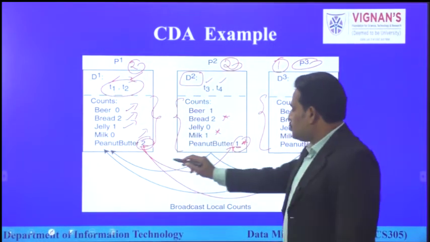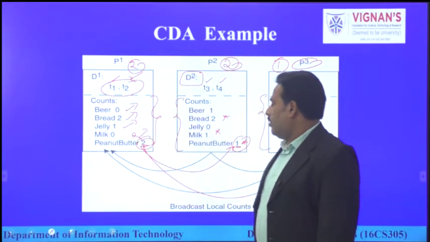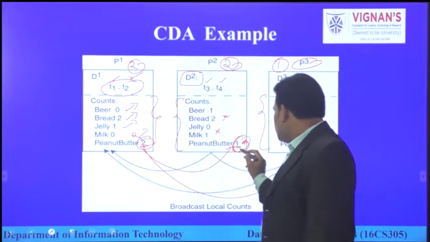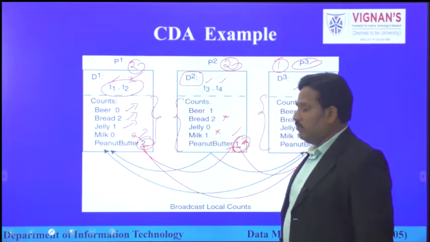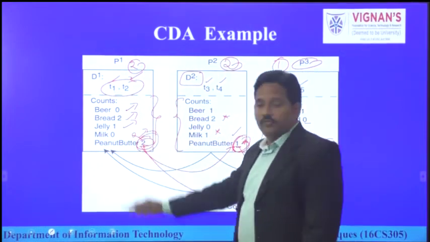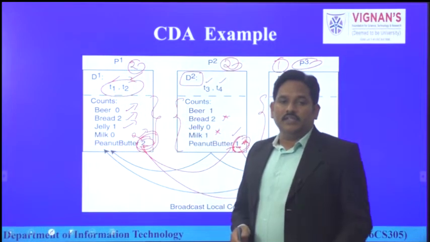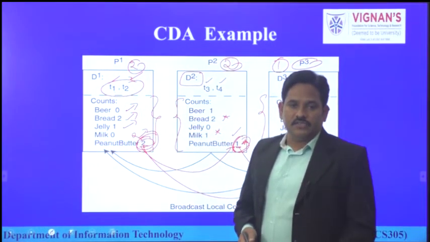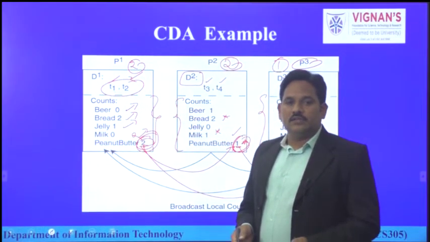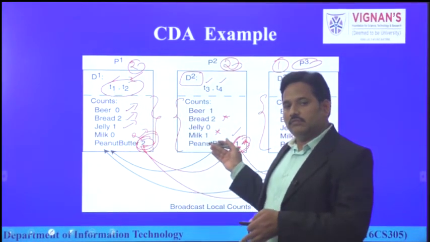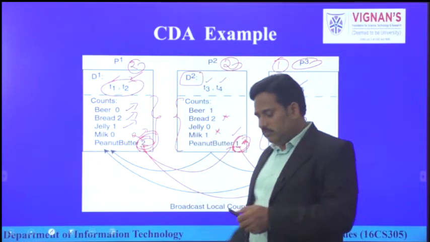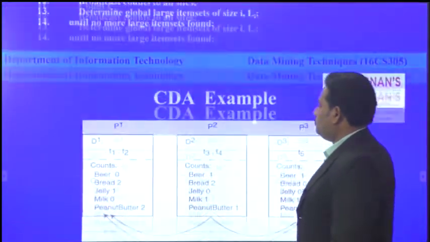Here it is 0, there it is 2. Now that is the larger value. In the same manner, this will also communicate with the next one. If you compare, this is the larger one. But globally, this is the larger value. So in every partition we are forming 1-item sets or 2-item sets, and the counts are communicated globally to all partitions.